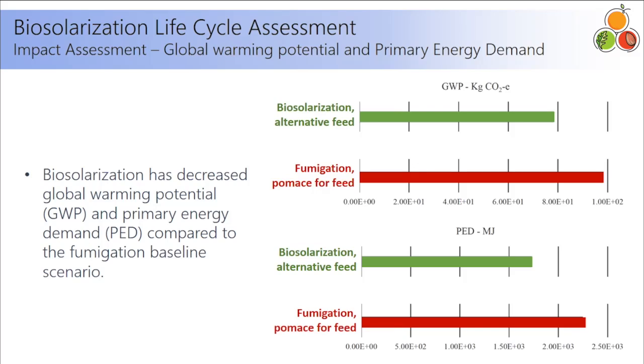And that decrease in carbon emissions is concurrent with a decrease in the total energy input, known as the primary energy demand, to conduct biosolarization versus conventional fumigation. So we can say, based on this assessment, quantitatively, biosolarization is predicted to be more sustainable than the current practices based on a reduction in greenhouse gas emissions.